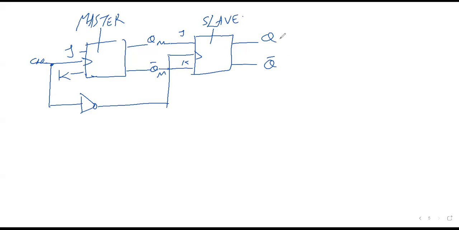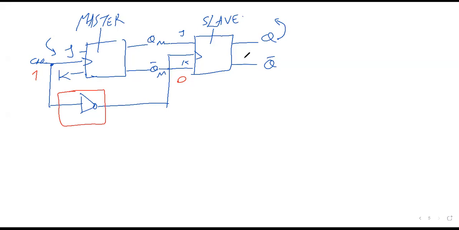Q output is then fed back here. Right. Key feature here to note is this complement. It means when the clock is 1 here on the master, the clock is 0 on the slave. That is the key feature. When the clock is 1 on the master, it is 0 on the slave, and vice versa.